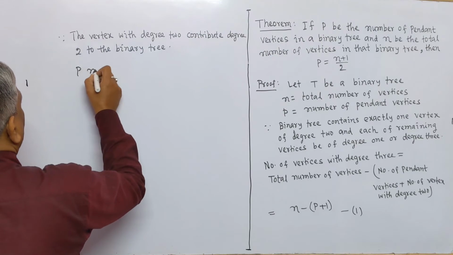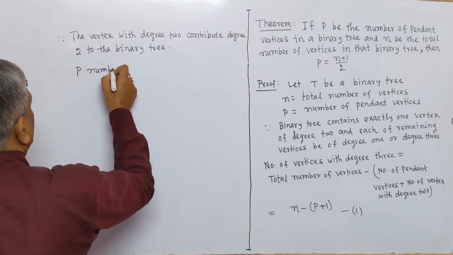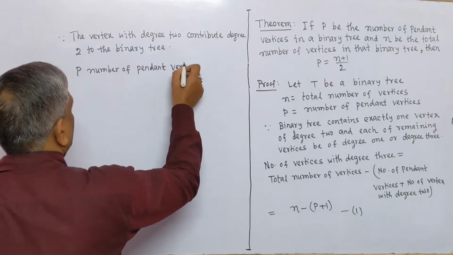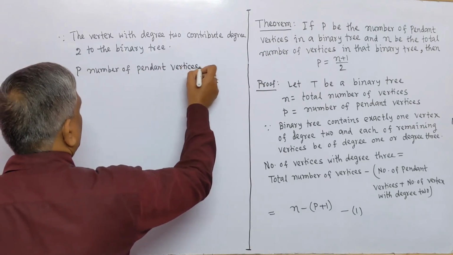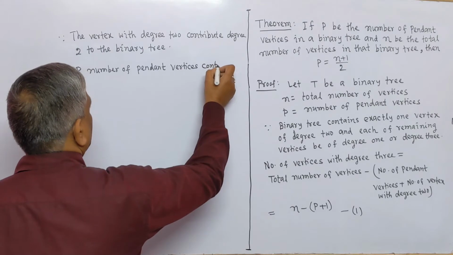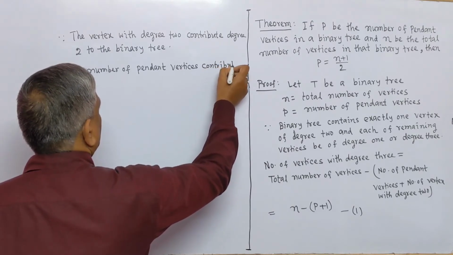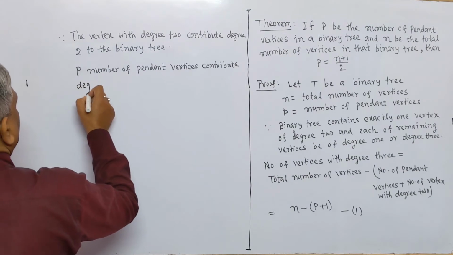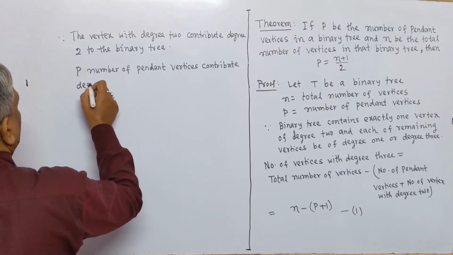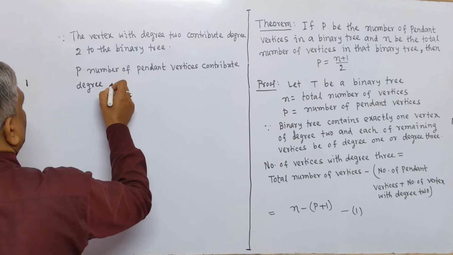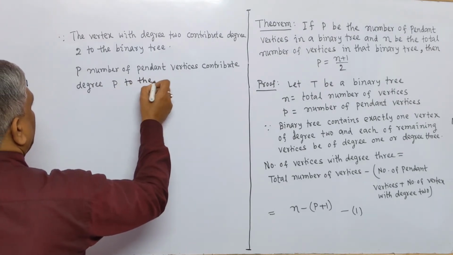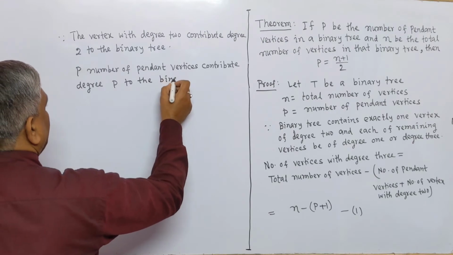P number of pendant vertices contribute degree P to the binary tree.